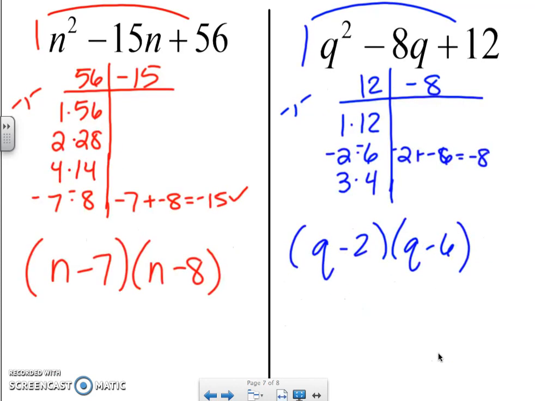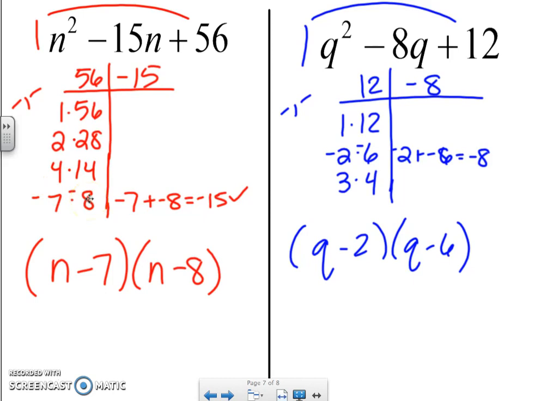On the last ones, again, do a times c, and so you get 56, and then you're trying to get a negative 15. So again, I didn't know the factors of 56, so I divided it. So I divided it by 2 and got 28. I divided it by 3 and got a decimal. So then I moved on to 4, and I did 56 divided by 4 to get 14. And then I kept going until I got 7, and I got 7 and 8.